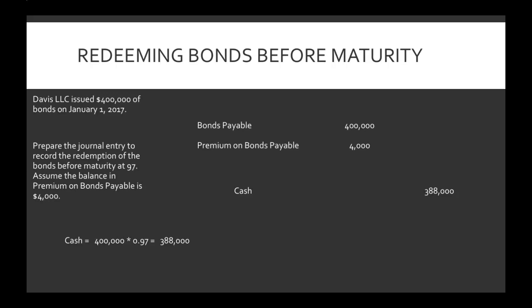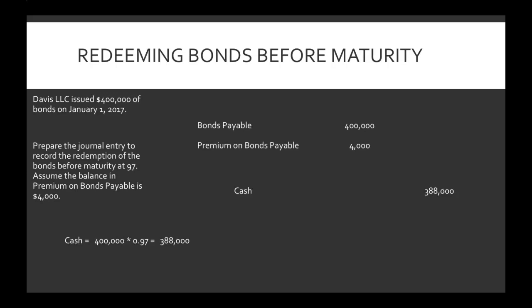So we ended up paying less than what our bonds were worth. If you take a look at your bonds payable and your premium on bonds payable, your premium on bonds payable would increase the carrying value of your bonds. So the carrying value of your bonds right now is $404,000.